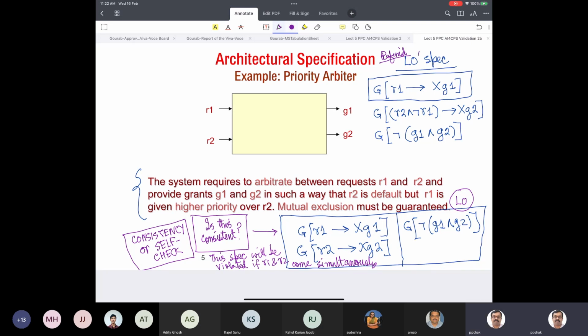And in the L0 dash specification, what change have we made? This is L0 dashed. First one is the same. Second one we have changed. If R2 is true and R1 is not true, then in the next cycle G2 is true.